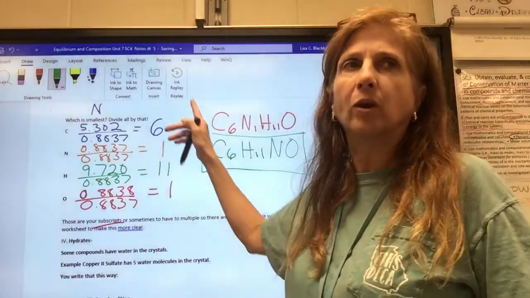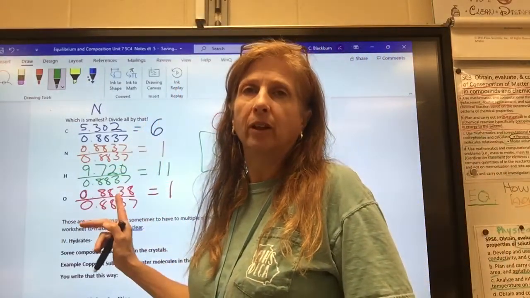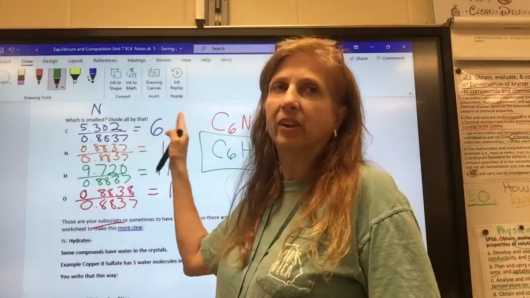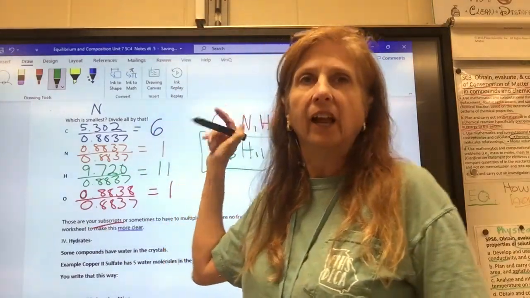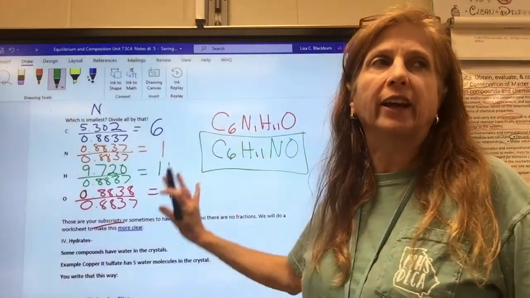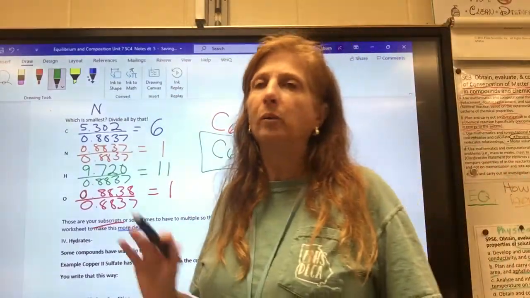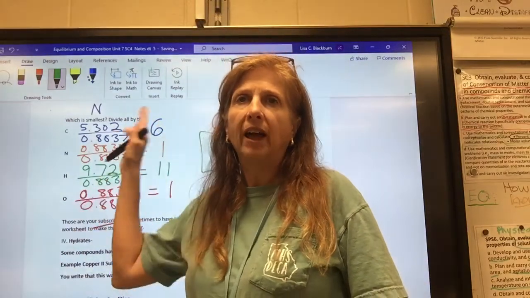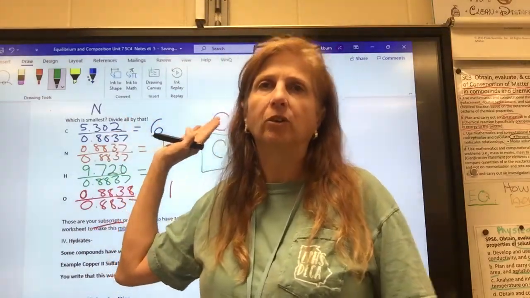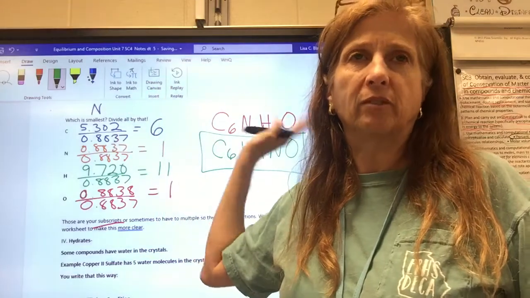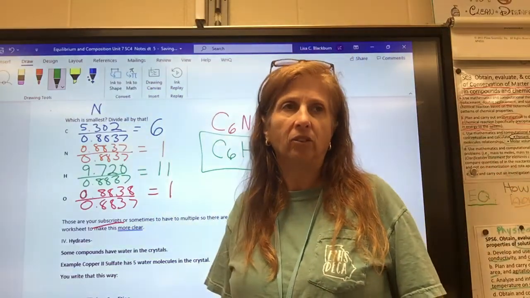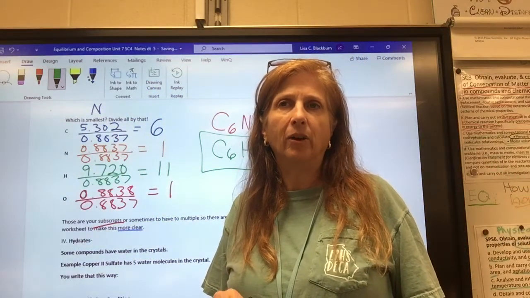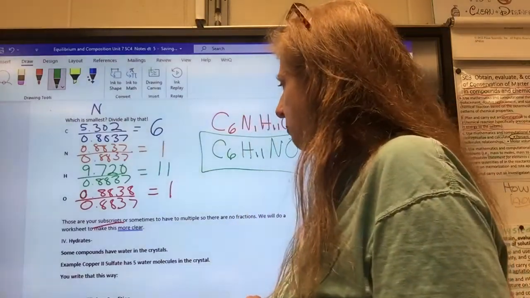Sometimes one of them will be a third. Instead of it being 6, it'll be 6.33333. Then you multiply them all by 3, and you get the right answer. We won't do ones harder than that. They'll either be whole numbers, have a half where you need to multiply by 2, or have a third where you have to multiply by 3. Does that make sense? Not too terrible, right? Y'all seem to be understanding this pretty good.